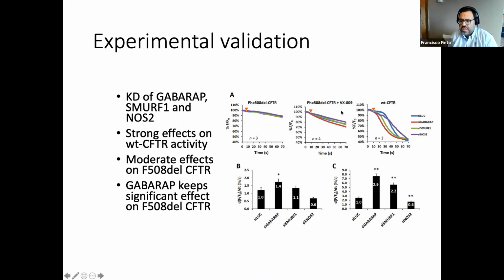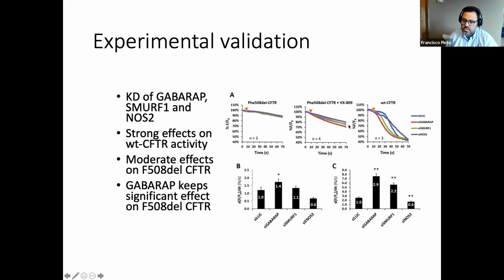So adding this drug that increases the amount of CFTR in the plasma membrane, then you start seeing a smaller effect, but you see some effect of these knockdowns, and particularly this GABARAP G has a significant effect.